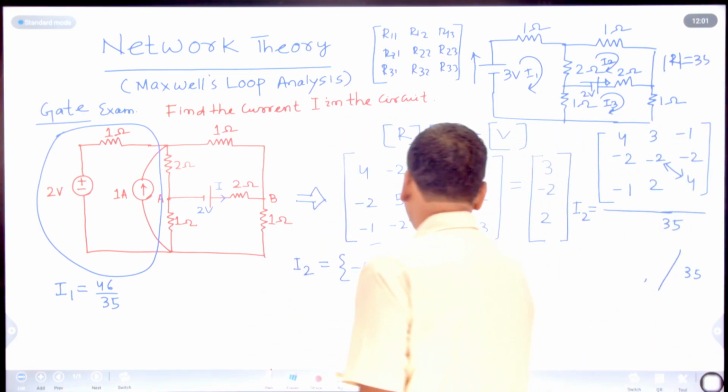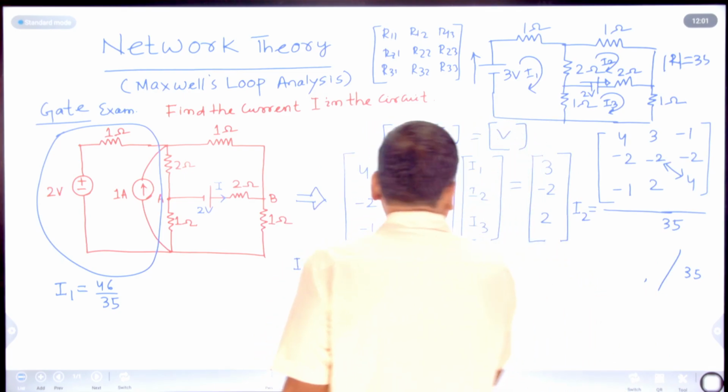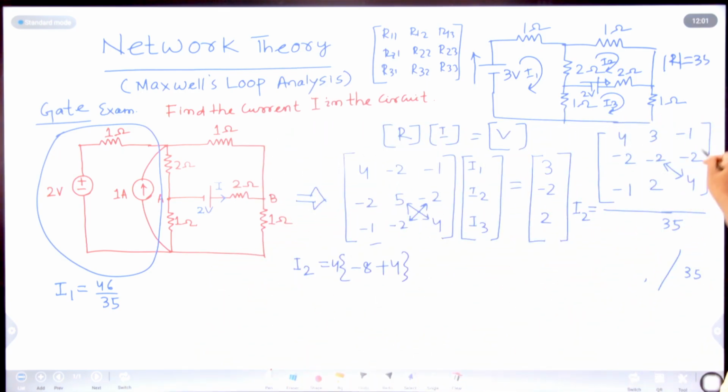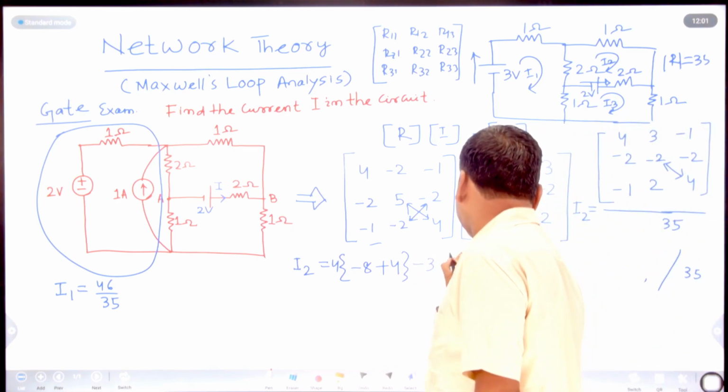Minus plus, that is your 4. That is your 4 into this one, 4 into minus 8 minus plus 4. Again the middle, that is your minus 3.